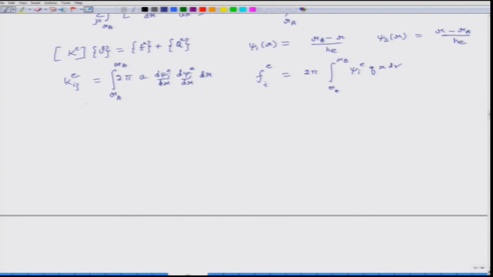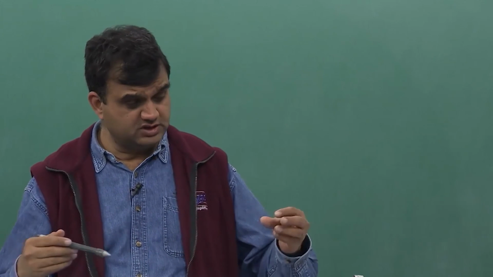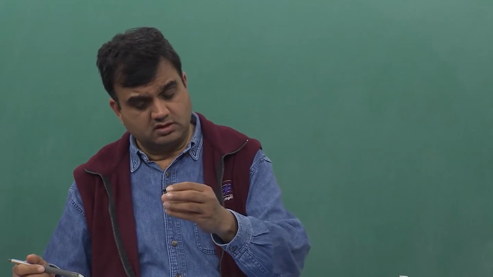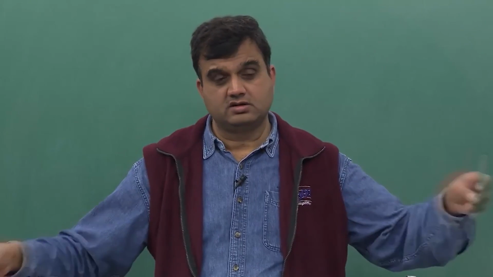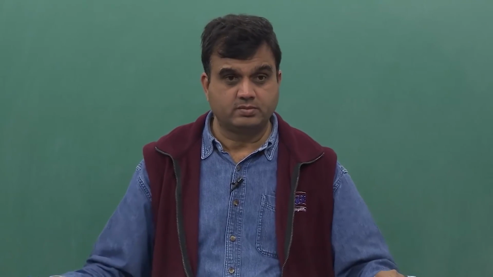So, if you have this formulation, then you can solve a lot of practical problems. Suppose there is current flowing in a wire or in a heavy conductor and it is generating heat, and how is that heat getting dissipated through the insulating mechanism.